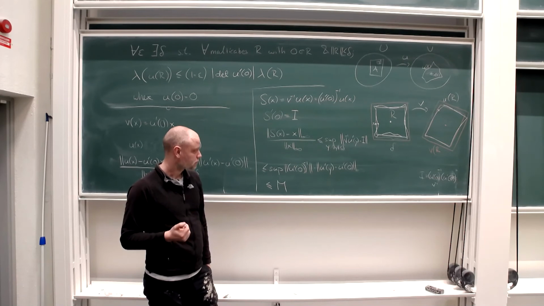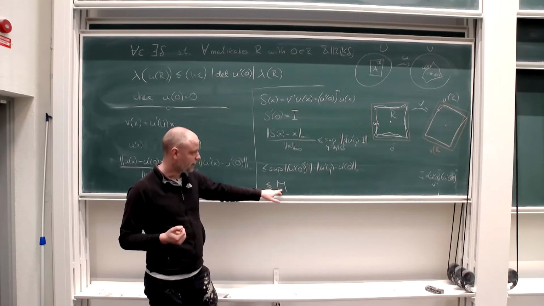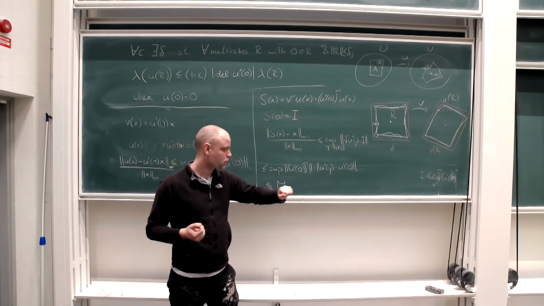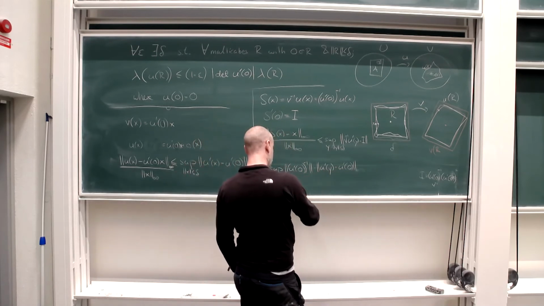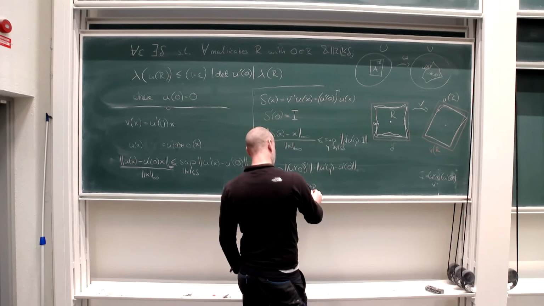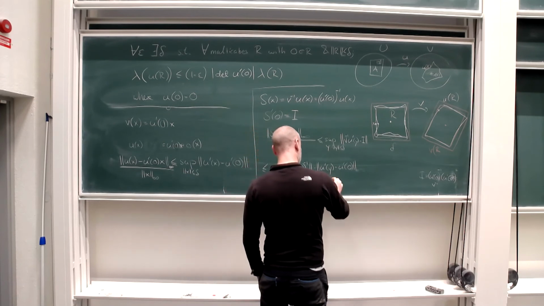So this guy is bounded by m, and here, what do we know? So the definition here says, now I first have a supremum in y, and I have a supremum in I, and then I have the sums.